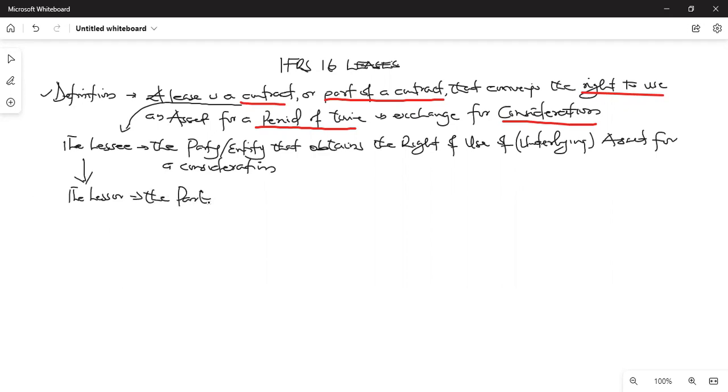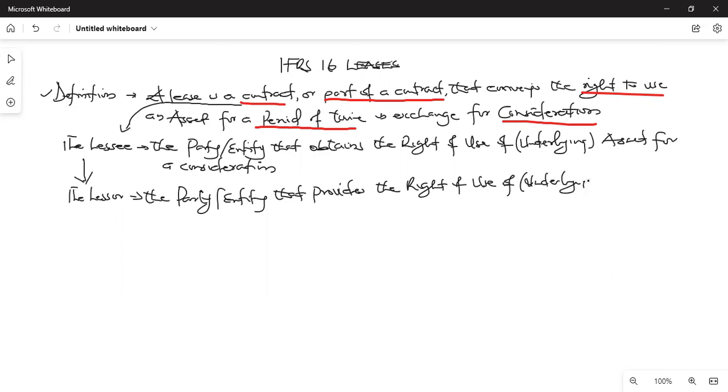So we say the party or entity that provides the right of use of the underlying asset in exchange for a consideration. Okay, so that is it.